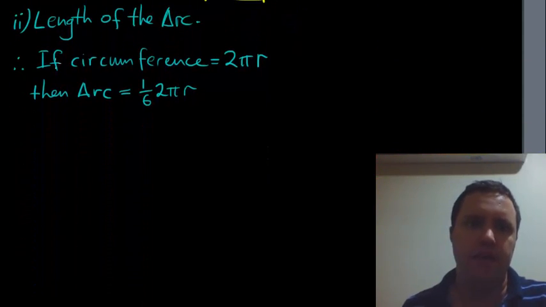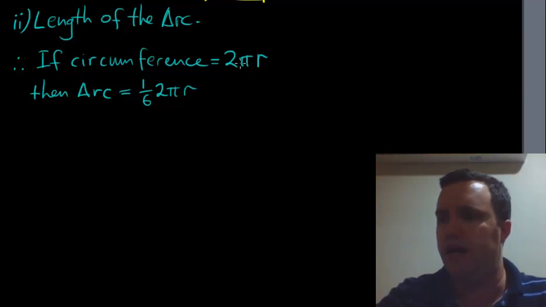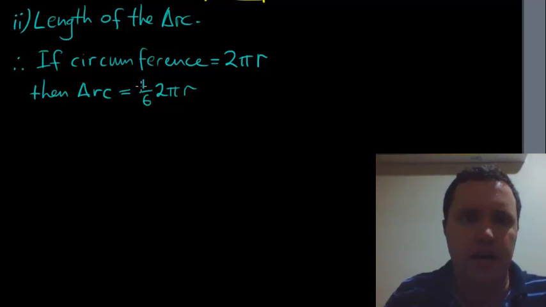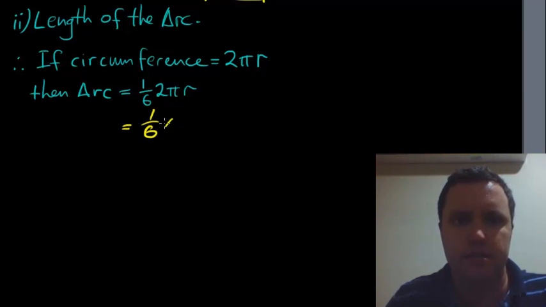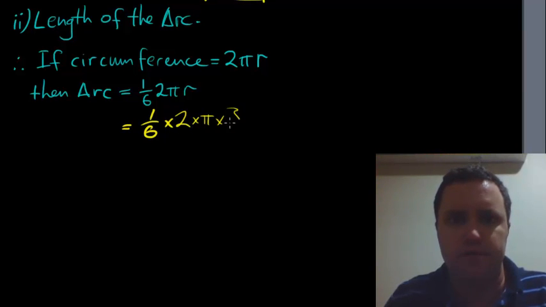So if the circumference equals 2 pi r, then we'll have the arc being 1/6 times 2 pi r, which is equal to 1/6 times 2 times pi times 3 centimeters, which is our radius.